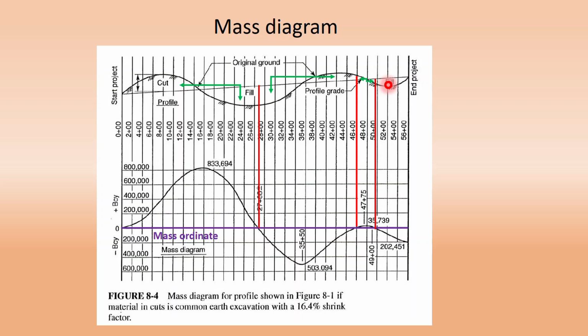import material. And the other thing that you can do here on this mass diagram is develop a rough approximation on how far your haul trucks are going to have to be driving to move all this material around.